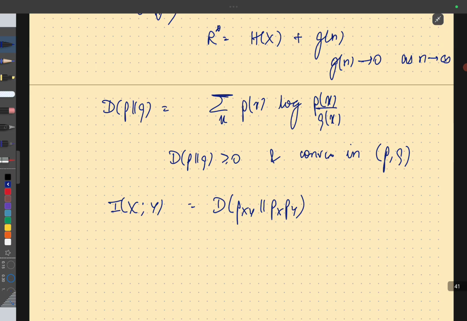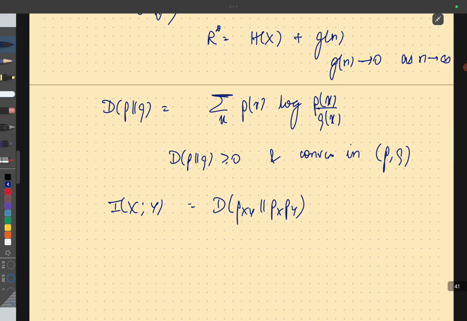If we interpret the KL divergence as a measure of distance between two distributions, it's not a true distance because it is not symmetric. But if we take it to be a measure of similarity or dissimilarity between two distributions, then the mutual information is essentially a measure of how close a given joint distribution is to being independent.